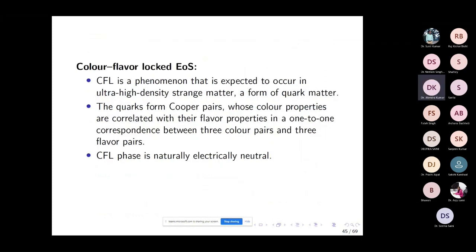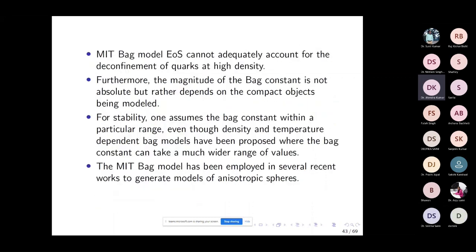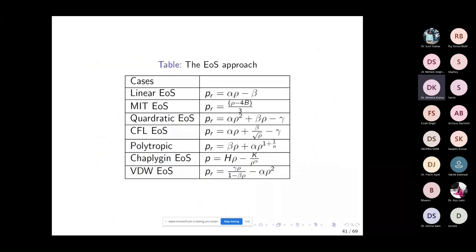And after that, we have the color flavored locked equation of state. We have considered the equation in this form, that is PR equal to alpha rho plus beta by square root of rho minus gamma, where alpha, beta, and gamma are constants.